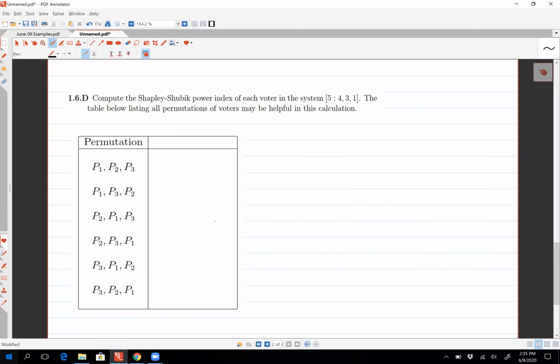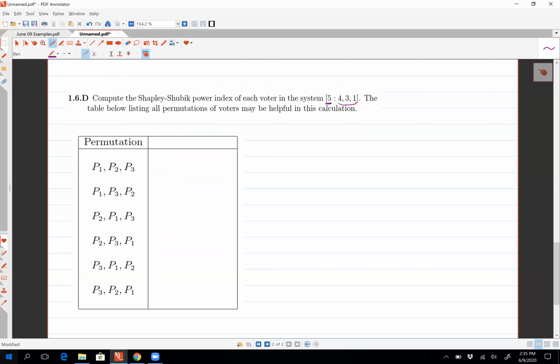Because there are usually a large number of permutations, we're typically only going to do this calculation by hand with 3 voters or maybe 4 voters. So in this example, we have a voting system with a quota of 5 and 3 voters with weights 4, 3, and 1. And I created a table here listing out all the possible permutations.